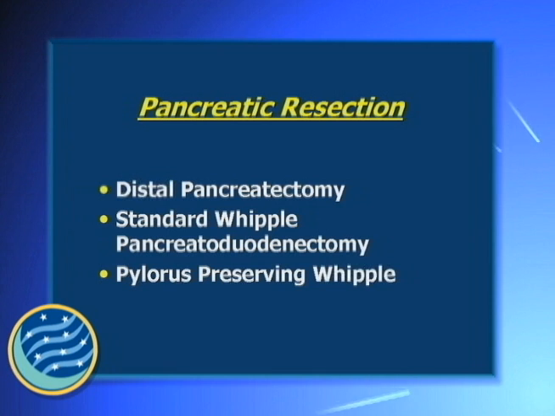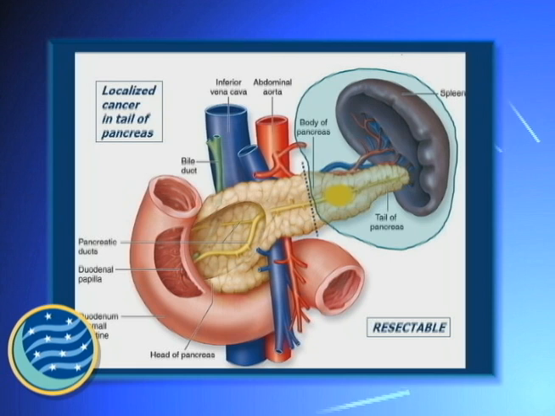The first is the so-called distal pancreatectomy, which means that if the tumor is in the body or the tail of the pancreas, we remove that part of the pancreas. It's called the distal pancreas. This is relatively straightforward compared to the Whipple type operations because all we really need to do is cut across the pancreas somewhere on the patient's right side of where the tumor is and remove the tumor.